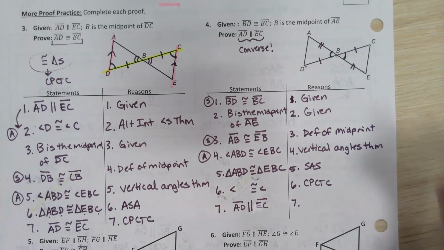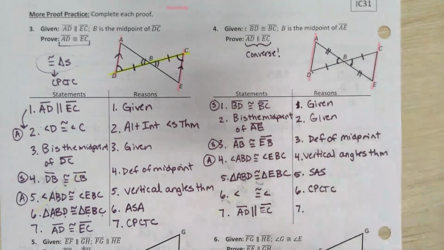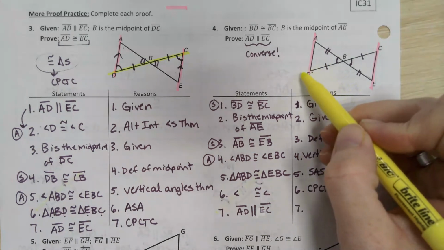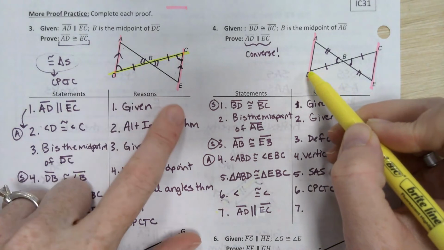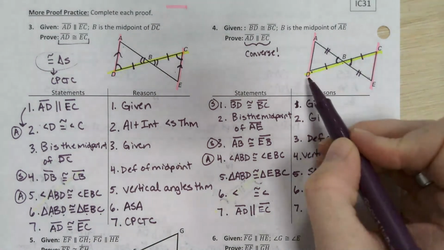So let's look. If I want AD to be parallel to EC, I'm going to need to find some angles that are along a transversal. I'm going to go ahead and stick with the same transversal I used here, except I didn't know at the beginning of this problem that these were parallel.